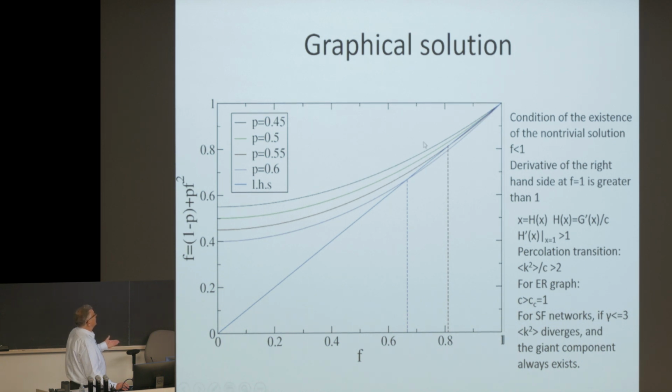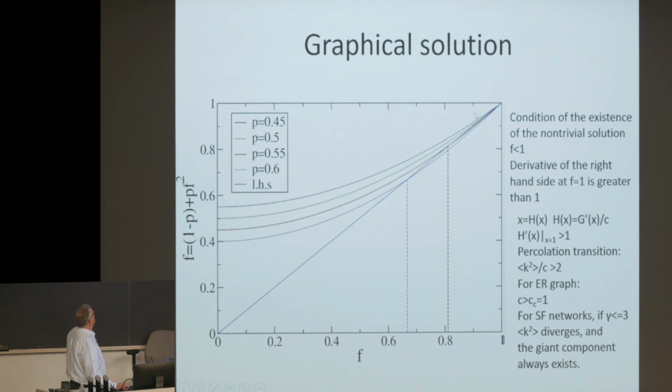So the condition here is that the slope of this curve, which is the right-hand side, at the point 1 should be greater than 1, because the left-hand side for this formula is just this straight line. And so the critical probability for this percolation problem is equal to the slope of this function 1 minus p plus p f squared in this particular case.